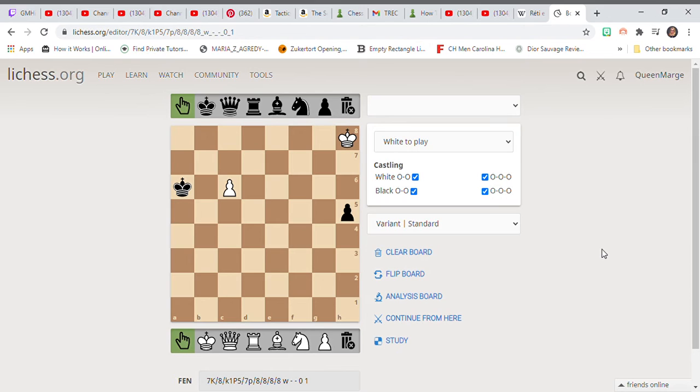Hopefully I was giving you enough time to be figuring this out. Okay, so instead of going here, and then he goes here, and then he goes here, and then he goes here, are you ever going to catch up in this straightforward manner? No, you are not going to catch up. So let's go back to the original position. What are your options? Remember that the king can also go diagonally.